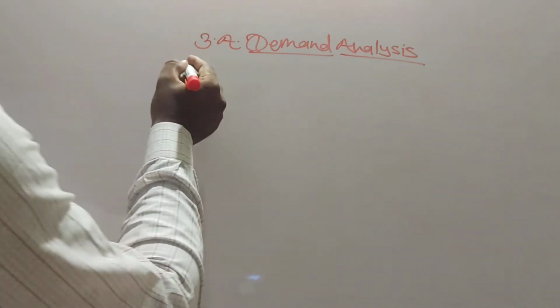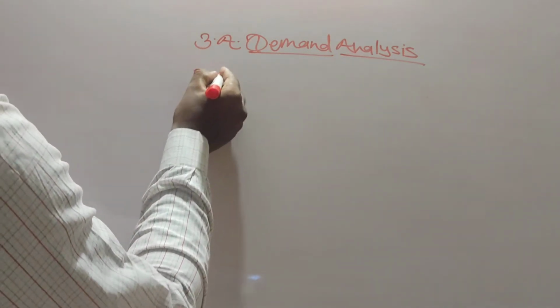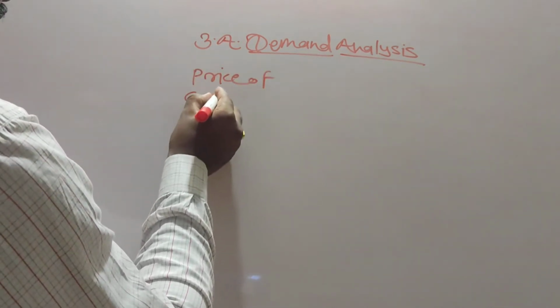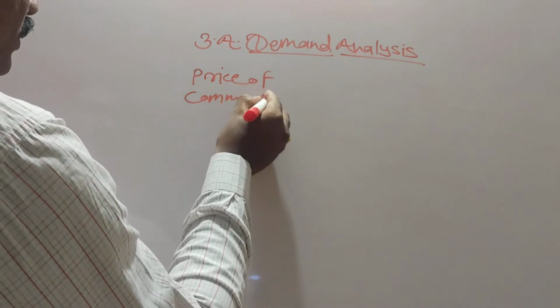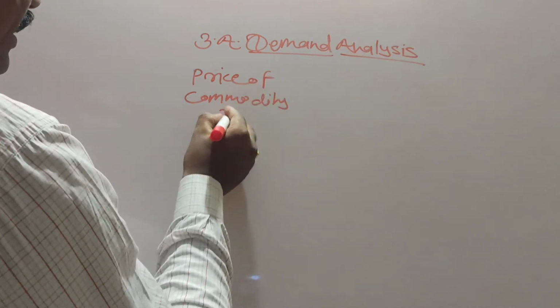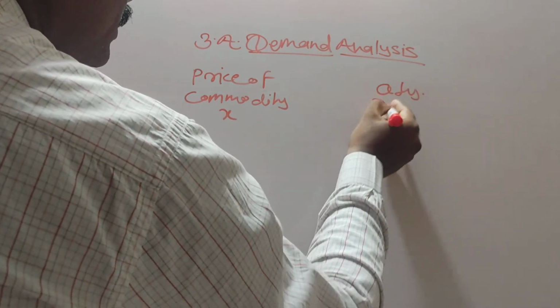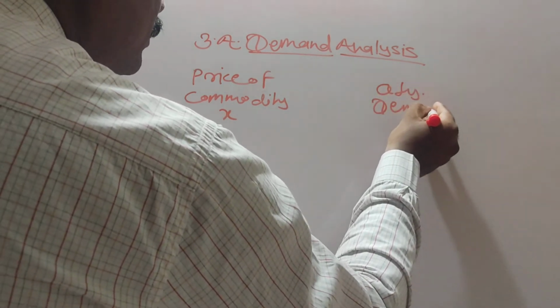Okay, price of commodity X, quantity demanded.